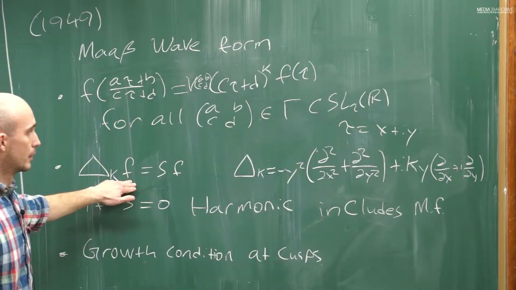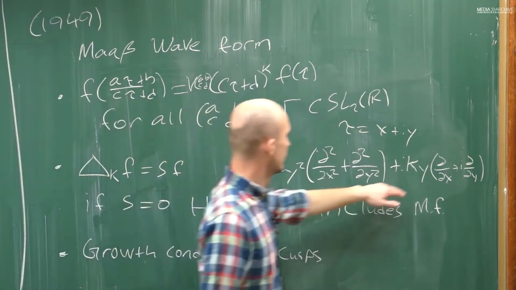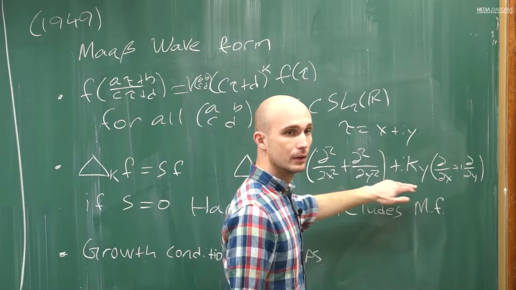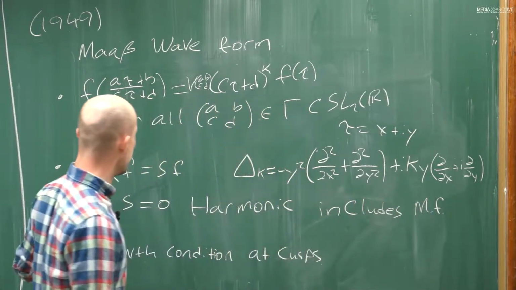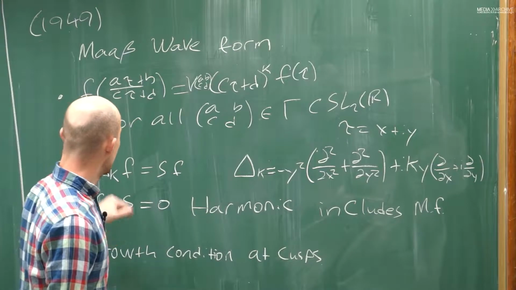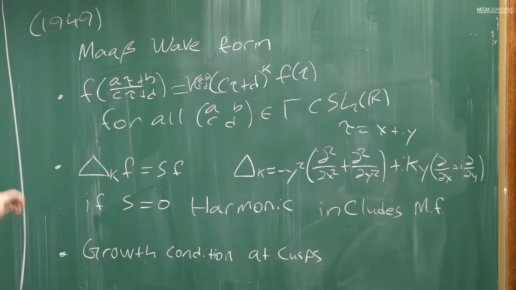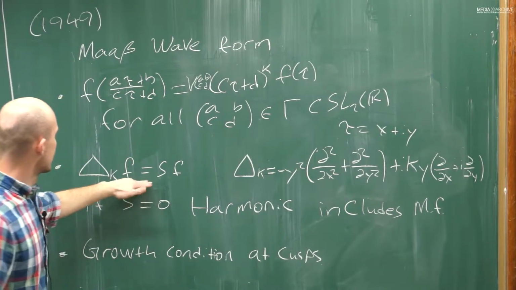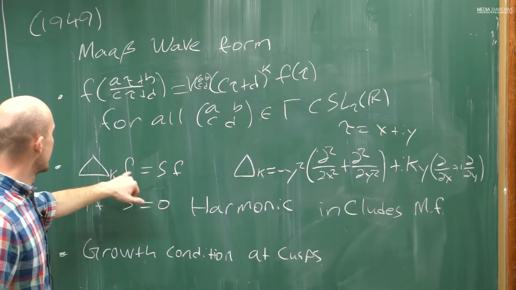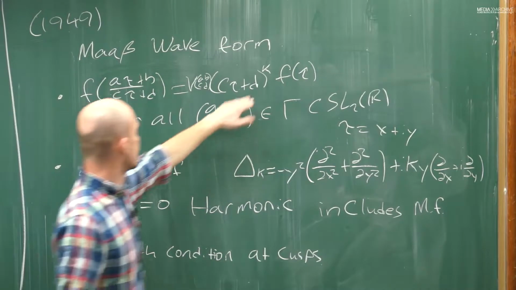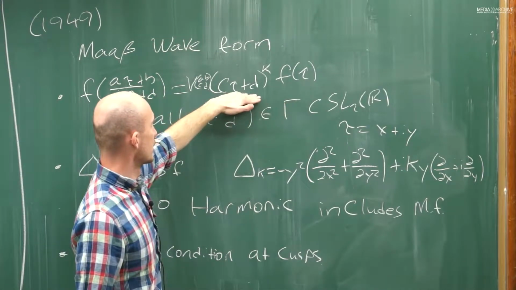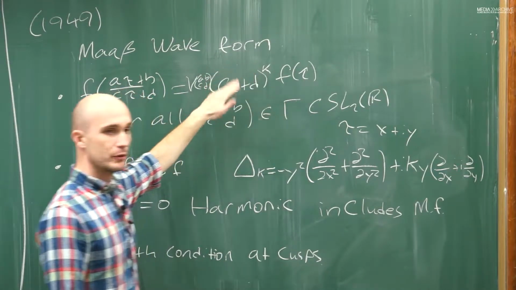In general, harmonic means there is no such part, right? So there's a way to adjust this function. If we multiply by a specific power of y, then we can change this function so that this factor of automorphy will always have absolute value 1.